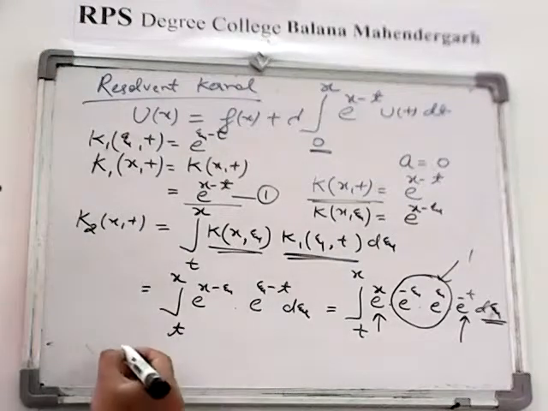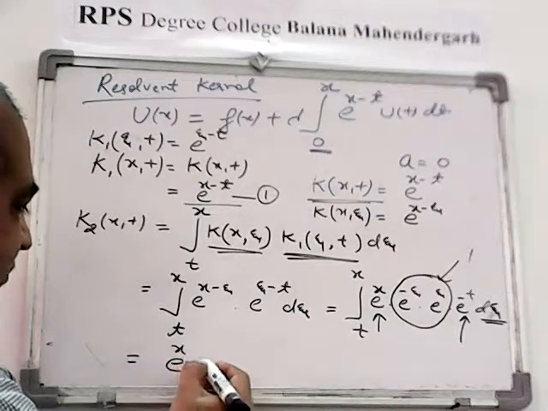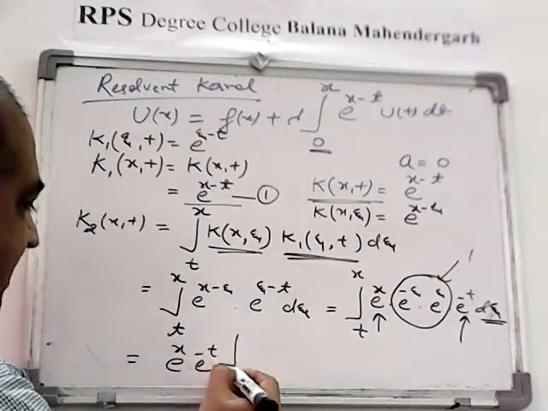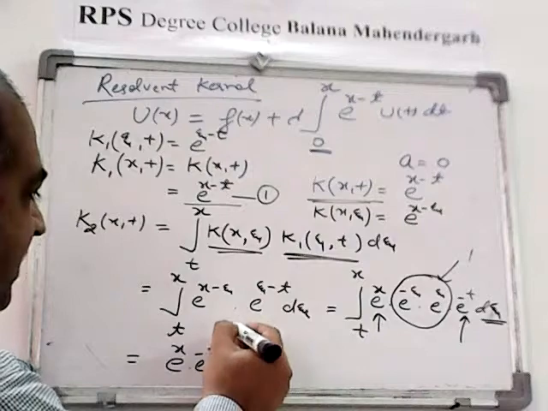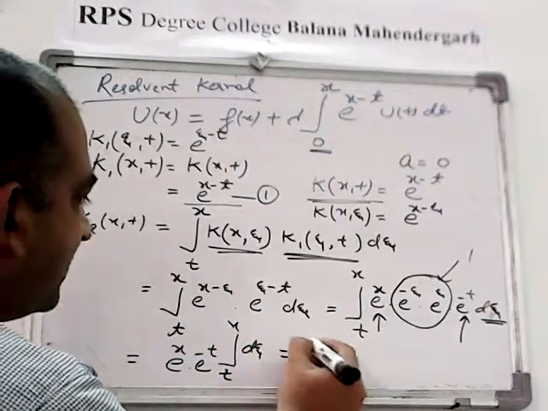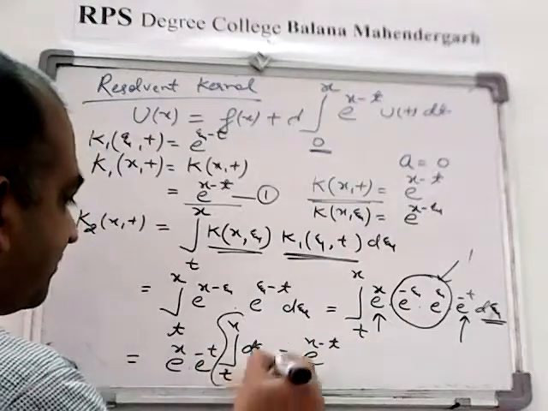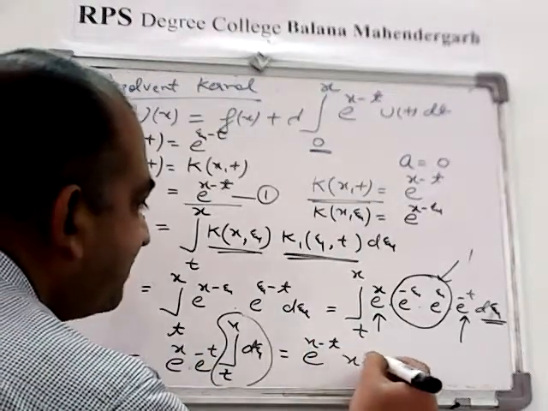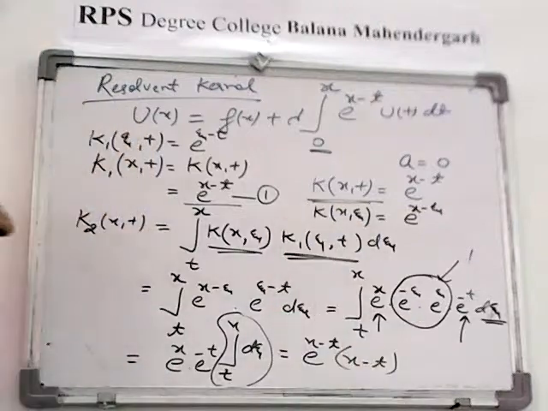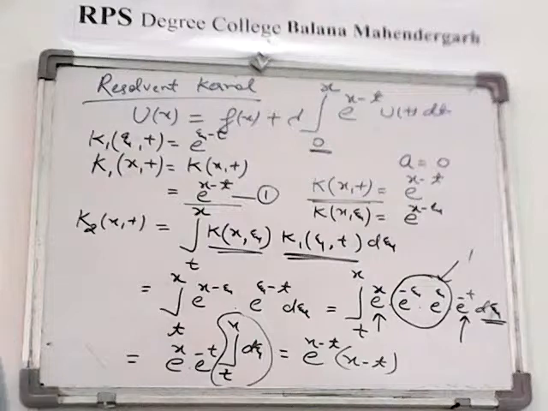So after simplification we get e raised to power x into e raised to power minus t, integration from t to x of d xi. So it will be equal to e raised to power x minus t, then the integration of this will be x minus t.